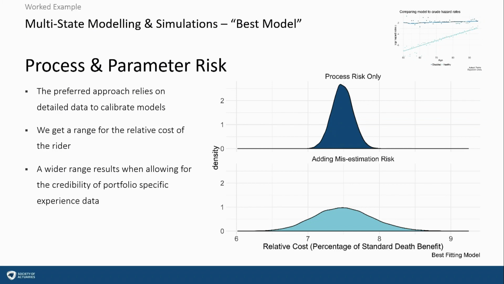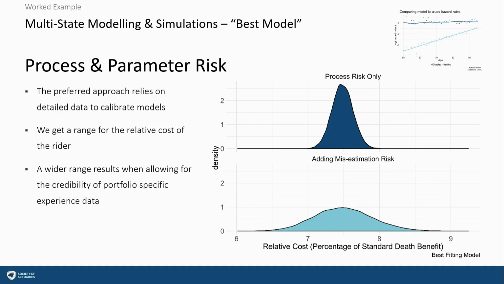Then we can get a distribution of the range of relative costs of the benefit. Just to reiterate, the relative cost is saying if it was a death-only benefit, how much would the insurer pay out on this portfolio, versus if you had that accelerated component with the rider, how much more would the insurer end up paying out in the product. So the figure at the top, we're seeing that there's quite a sharp peak around 7.5%.